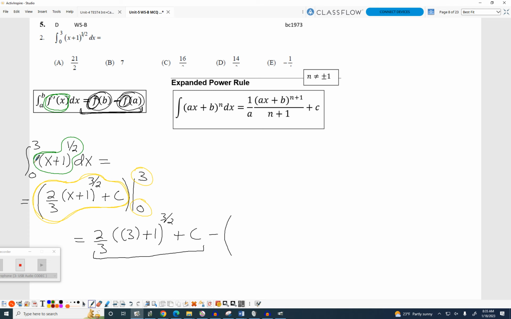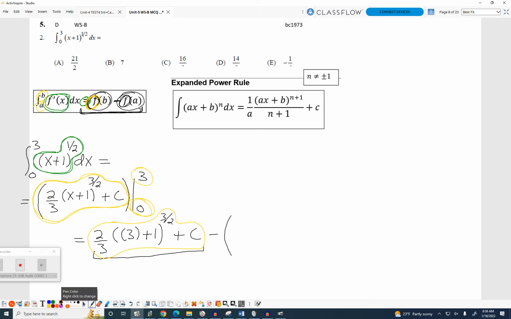The fundamental theorem says, instead of integrating the green, go find a different formula. Go find the yellow formula. And then put into the yellow formula this number and this number. So we have put into the yellow formula a value of 3. We now must put into the yellow formula a value of 0. So what would I write?